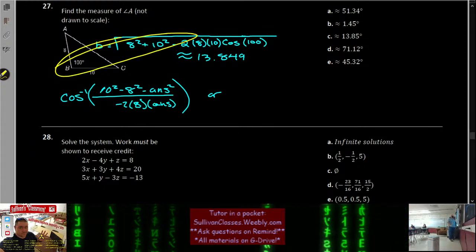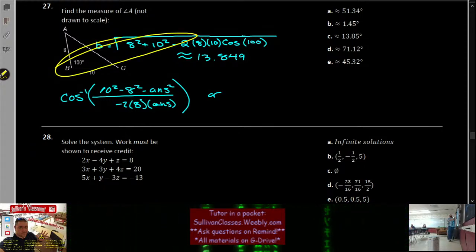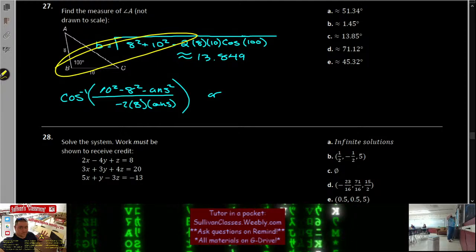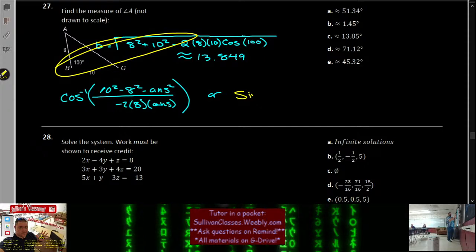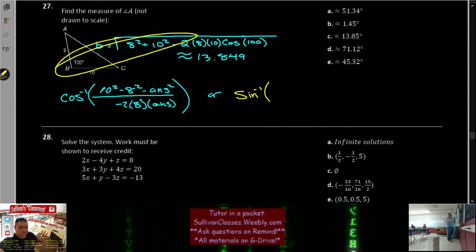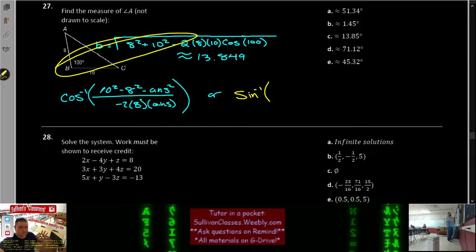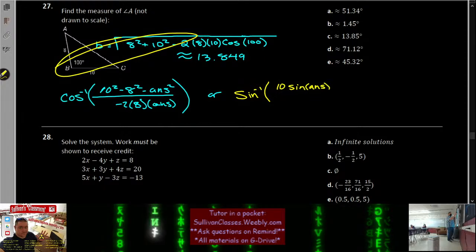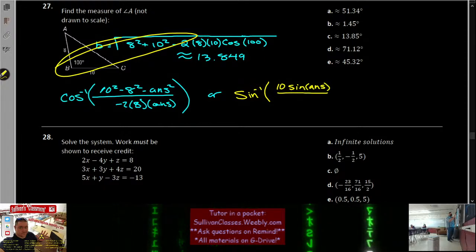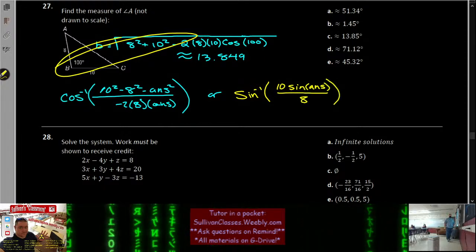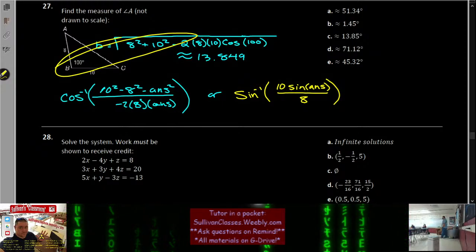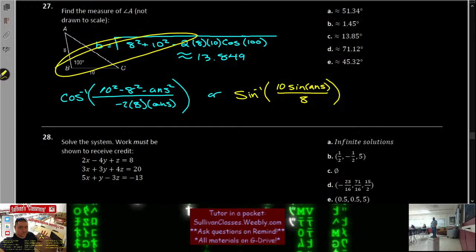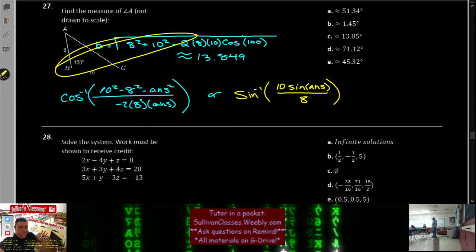If that's my control pair, I now know the sine of 100 over this is the sine of A over that. So I will take the arc sine of 10 times the sine of whatever that answer was over 8. Either one of those will work.